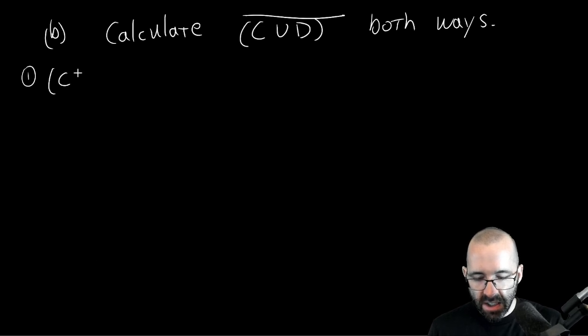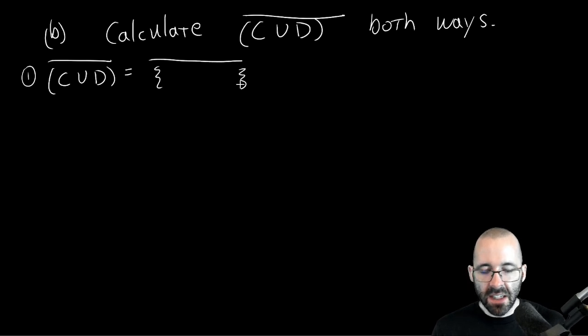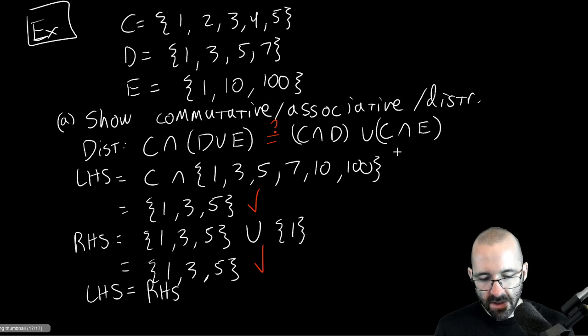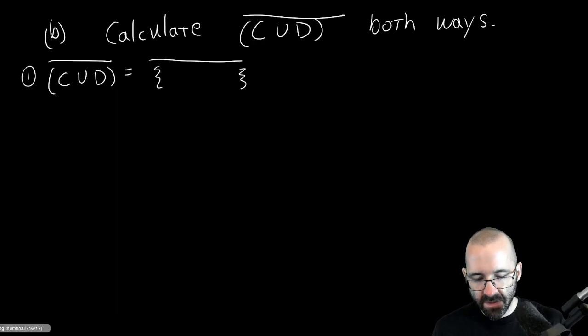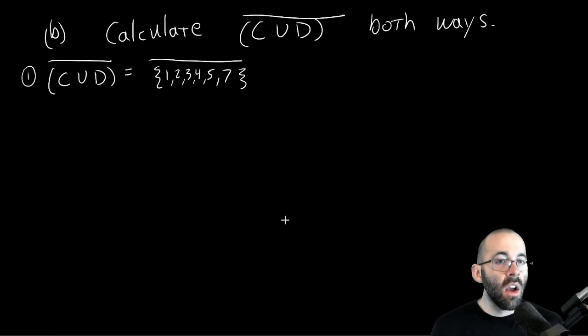So again, we want the complement of C union D. What is C union D? It's what's in one or both sets. It's 1 through 5 and the number 7: 1, 2, 3, 4, 5, 7.